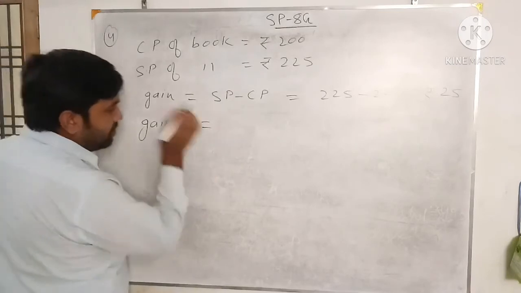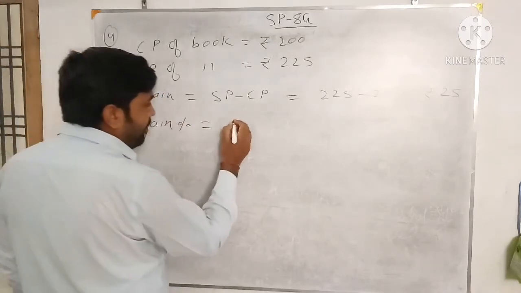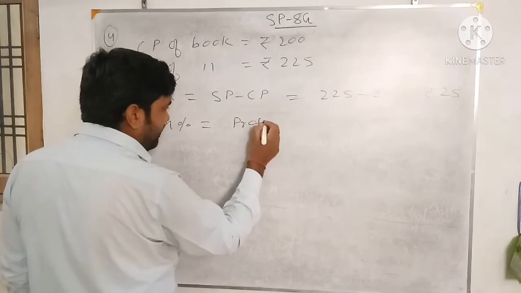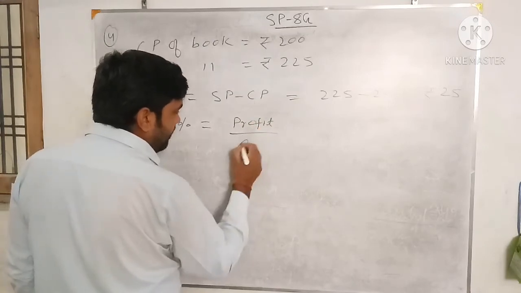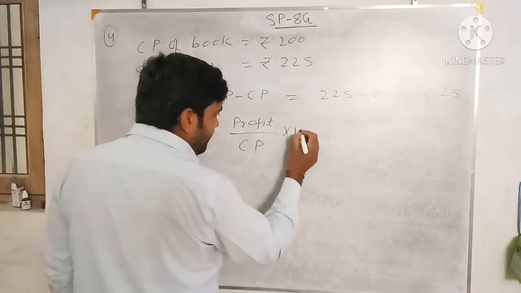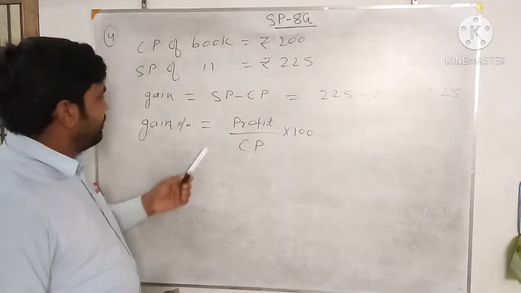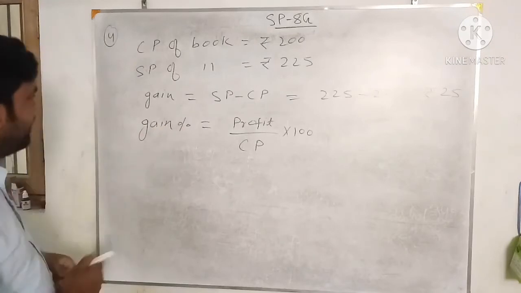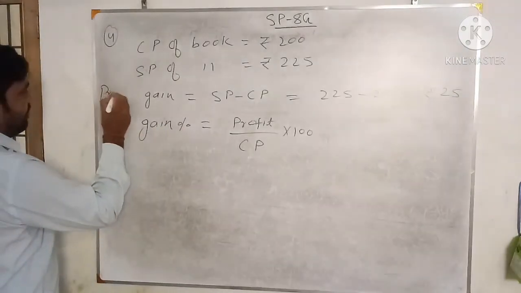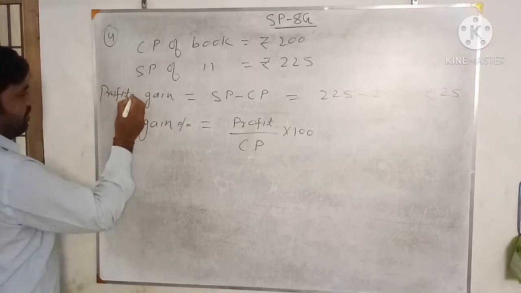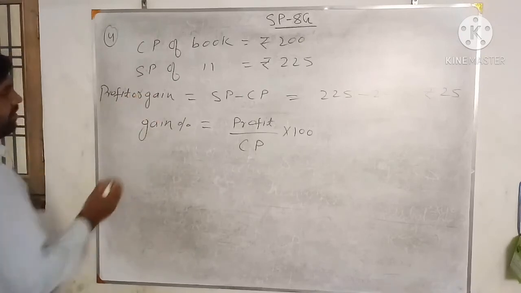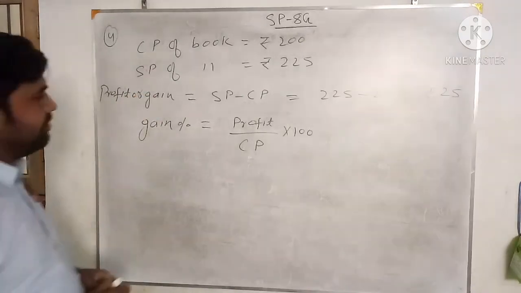Gain percent equals profit upon CP into 100. Using this formula we can calculate it. Profit or gain is the same thing.